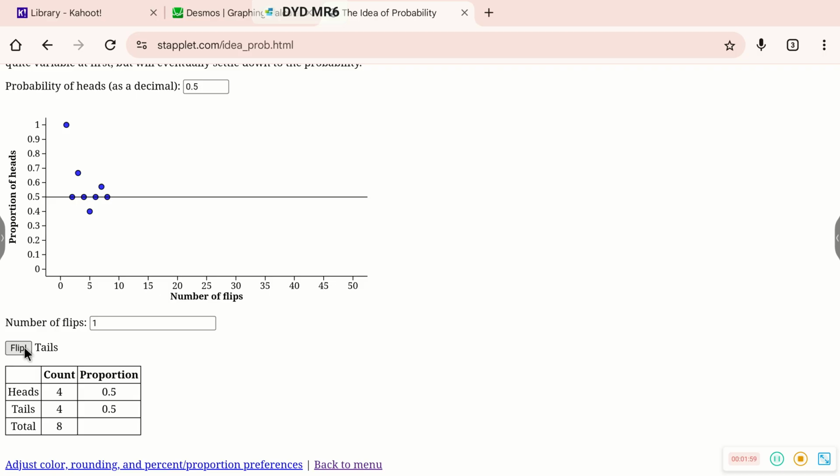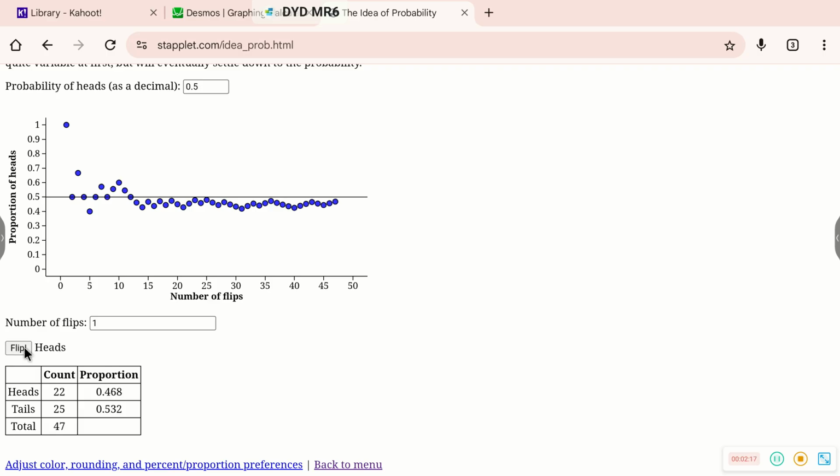Flip again, back to even, and we keep flipping. Notice our proportion of heads and tails. We can go forever and ever with this.